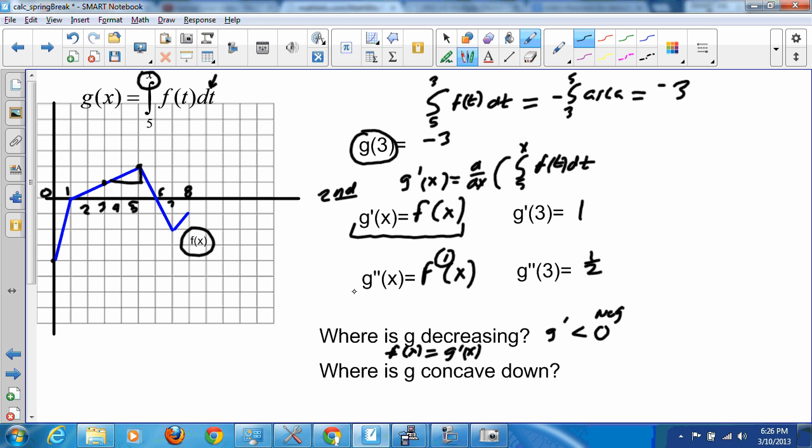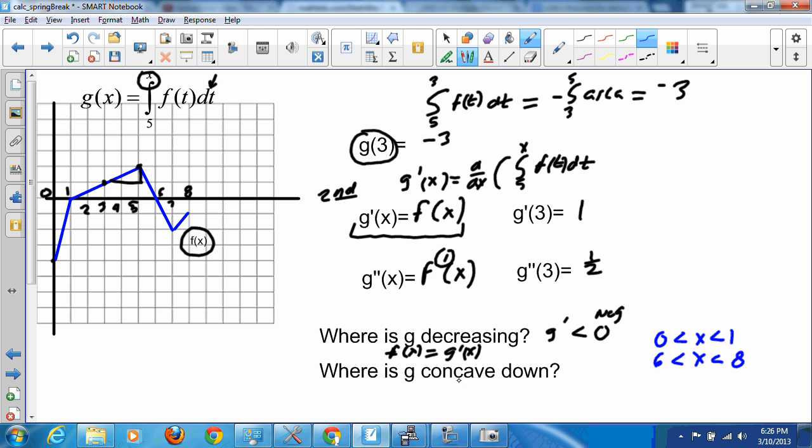So it looks like it happens, let's change colors here, between 0 and 1 for x, and it's also negative between 6 and 8. 6 and 8. Okay?